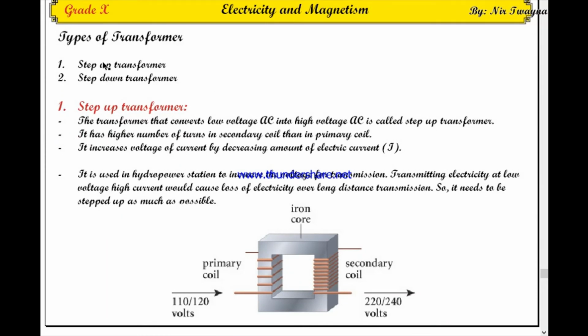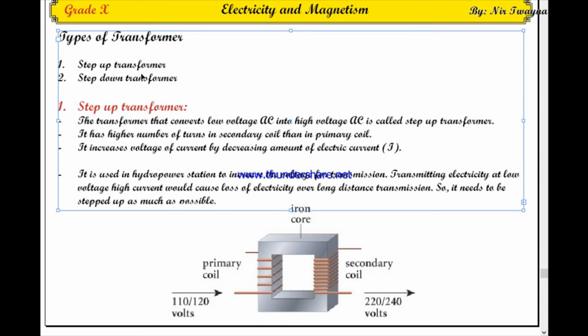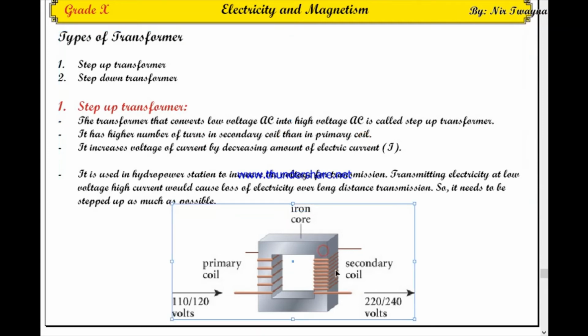Okay, there are two types of transformer: step up transformer and step down transformer. Well, step up transformer converts low voltage AC into high voltage AC. We have already discussed this, yes. It has a higher number of turns in secondary coil than in primary coil. Look at this figure. This is a diagram of step up transformer.